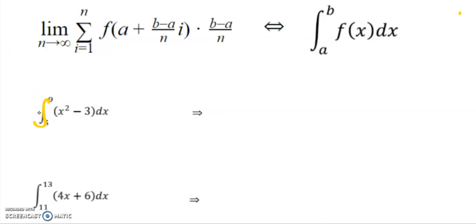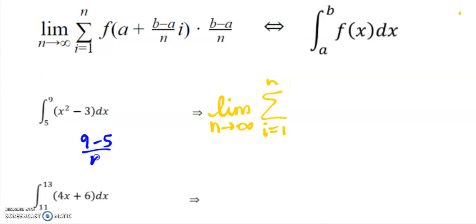And then, that was a terrible, covered the 5, but that's okay. So the yellow part is what creates our limit as n goes to infinity, summing from i equals 1 to n. My width is going to be 9 minus 5 over n, so 4 over n.